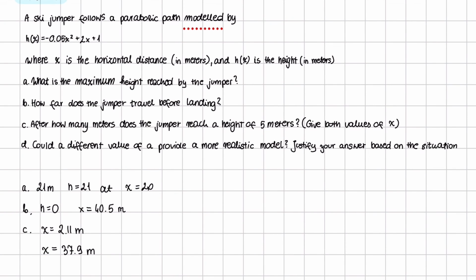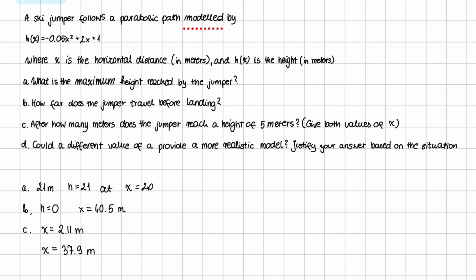Could a different value of a provide a more realistic model? Justify your answer based on the situation. So our a is minus 0.05, and we have to determine if a different value of a will provide a more realistic model.